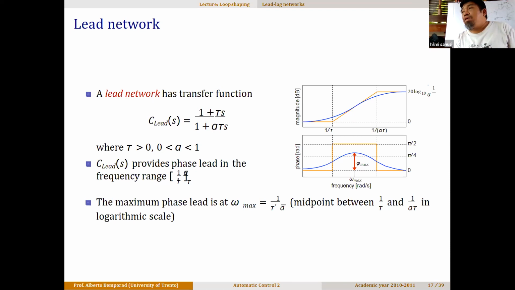So it will be 2 decades. Kalau 1 sampai 100, say cut-off dia kat 10, dia akan start daripada 1 sampai ke 100. So the maximum phase lead will be at midpoint. So this is the phase yang you bagi, the phase gain that you will give to the system.